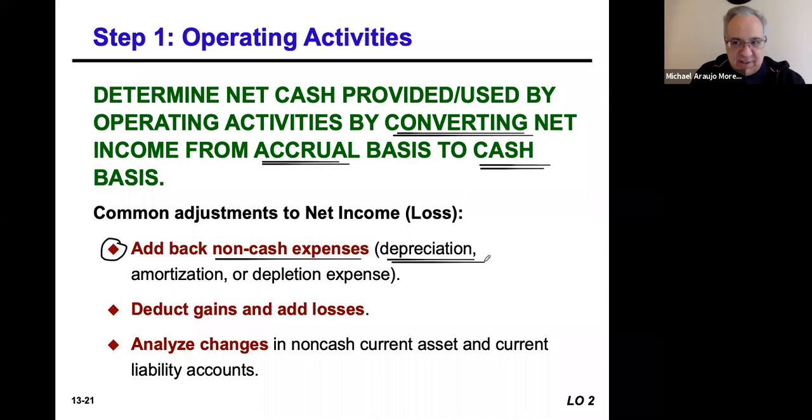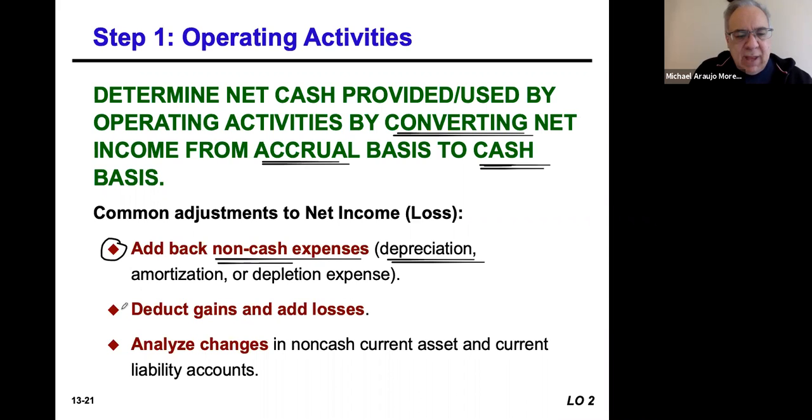Depreciation expense doesn't cost any cash. You're not writing a check to anybody. You already bought the asset some time ago and you're in the process of depreciating it. So this is called a non-cash expense. If it's a non-cash expense, on the cash basis, it never happened. That cash never went out. So that's important to know.